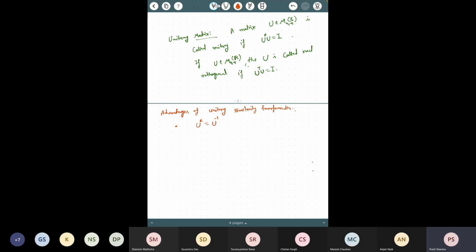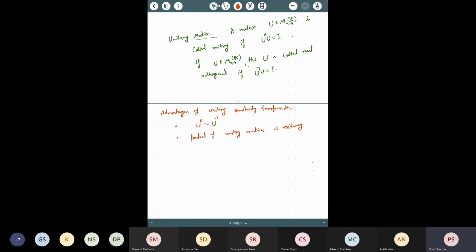Not only that, if you take the product of unitary matrices, then it is again unitary. So that is also fine.